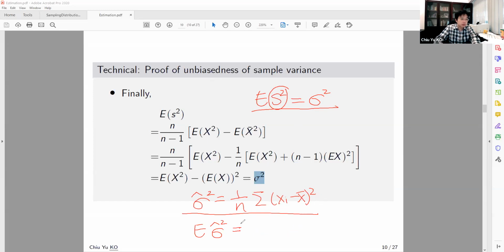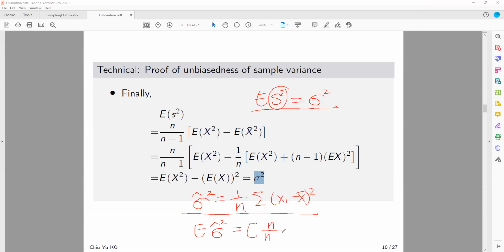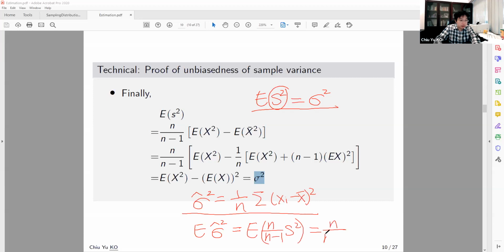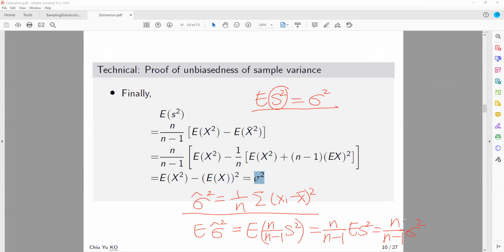So this will be the expected value of n over n minus 1 times s squared. So the expected value of s squared will be n over n minus 1 sigma squared. That means that if you use this formula, it is not equal to the population variance. That is the implication here. Vicky, do you get that? Yes, thank you. So that is why we need n minus 1. Thank you. Any more questions?